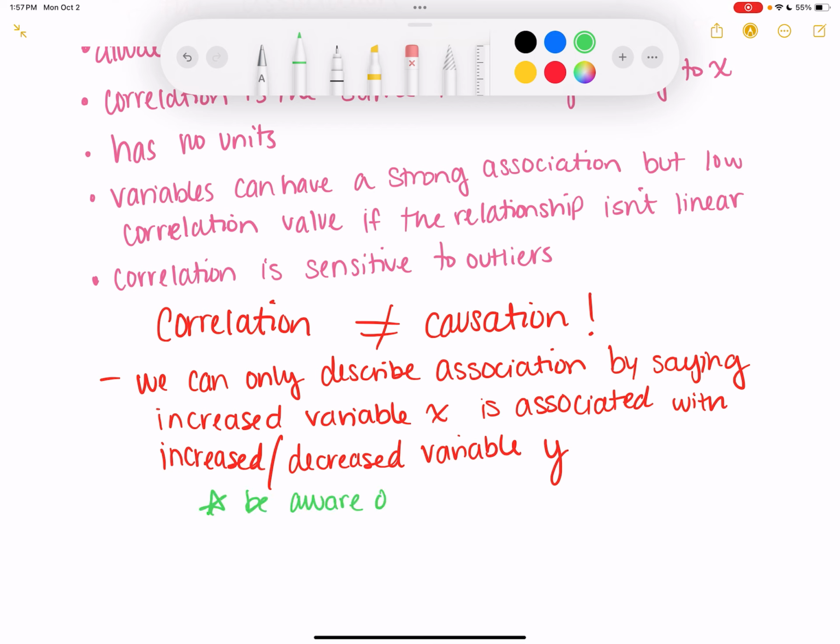Be aware of lurking variables. And so lurking variables are things that play a factor but aren't directly being looked at.